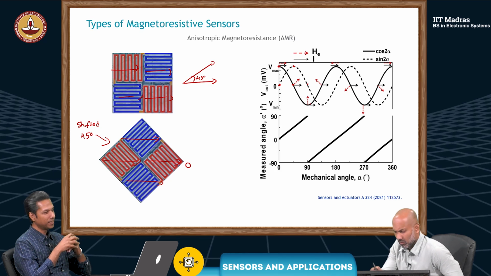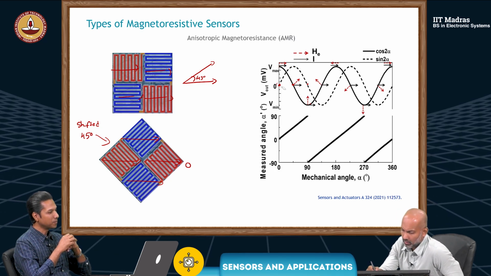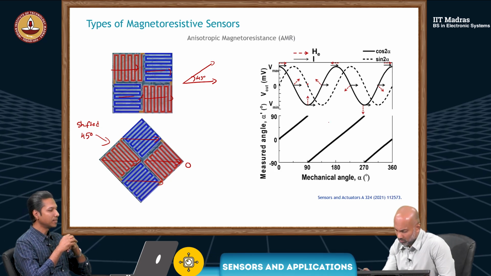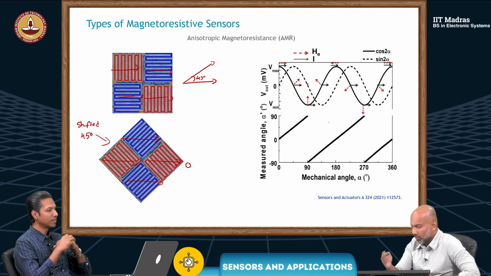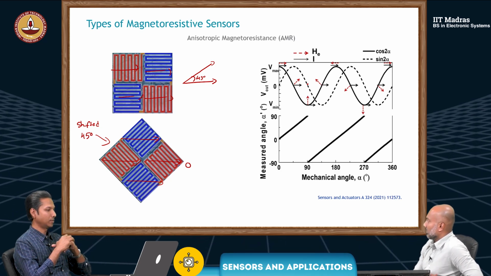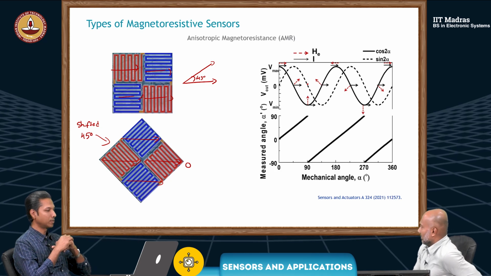But how? Okay, so you have a sine waveform here and a cosine waveform. Fine. So you have two waveforms. But then how can you resolve which angle you're measuring?